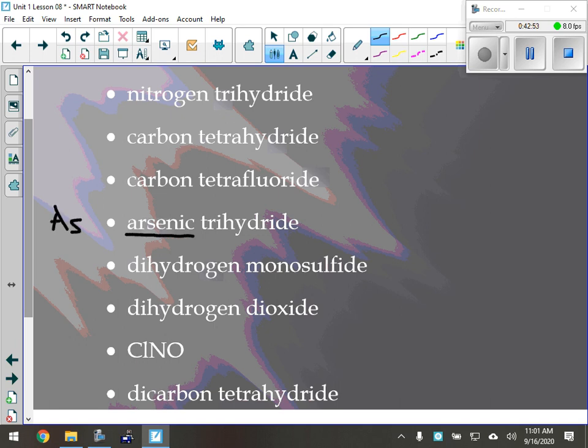Now, when you look on your periodic table, you have to remember certain things about the periodic table, right? How many valence electrons does arsenic have? Look at the periodic table, find arsenic, or look on yours, because there's a really bad glare right now. So how many valence electrons does arsenic have?